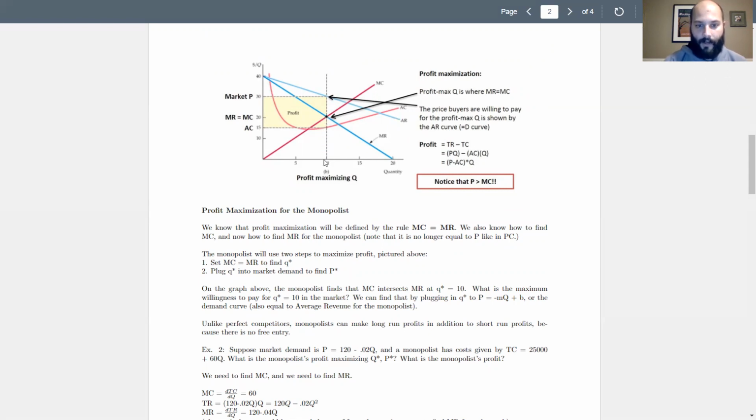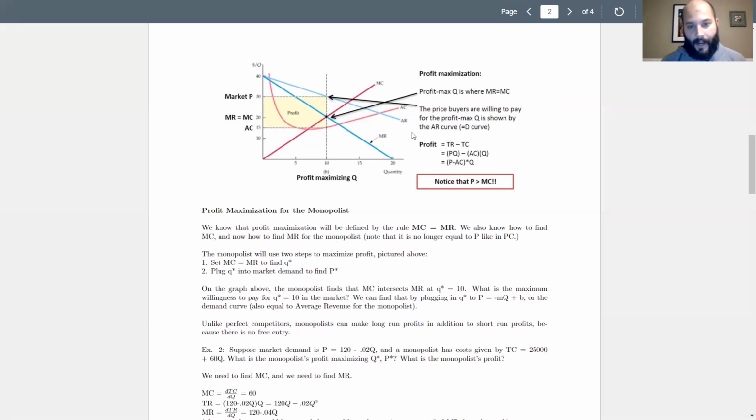We find the quantity, but the monopolist knows what the market demand is, and so they know the consumer's maximum willingness to pay for this profit maximizing quantity. What is it? It's shown by the demand curve. Here it's labeled average revenue. Demand does equal average revenue, but not a hugely important point for us right now.